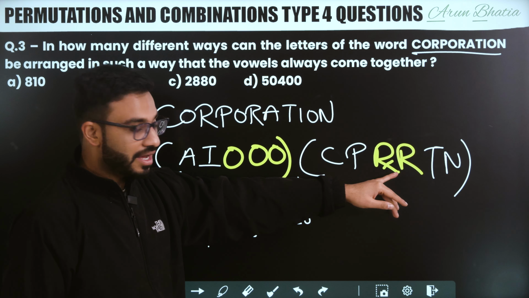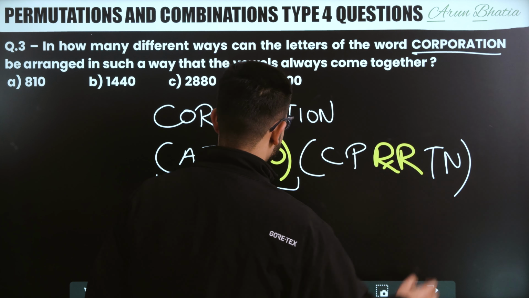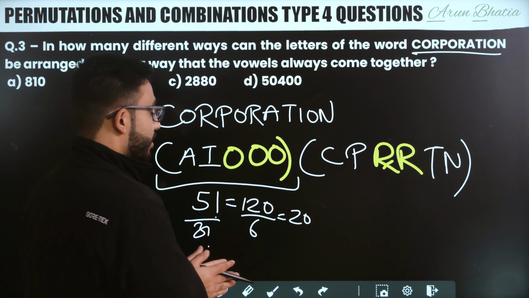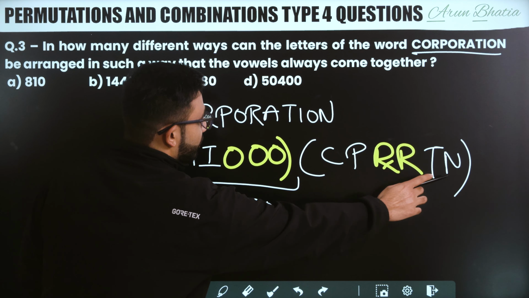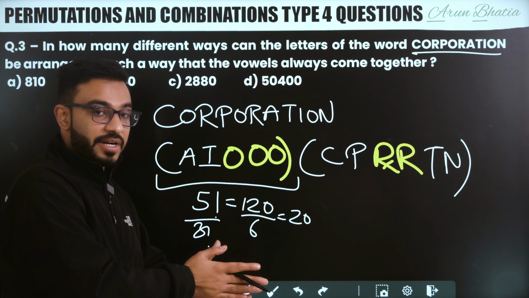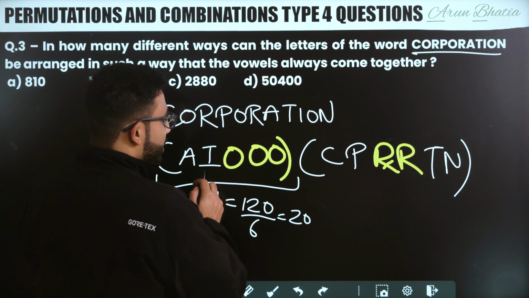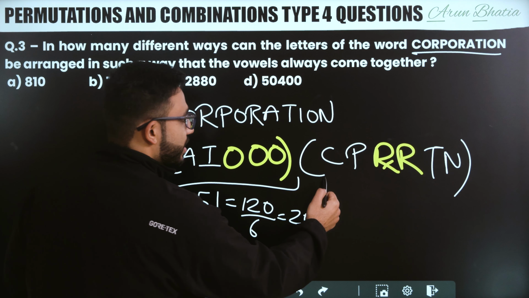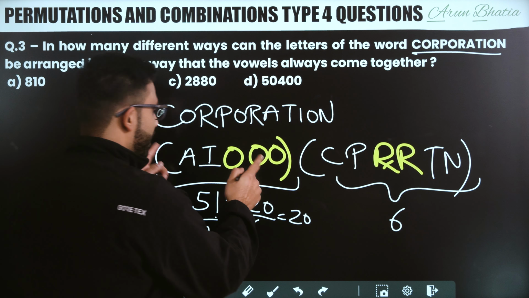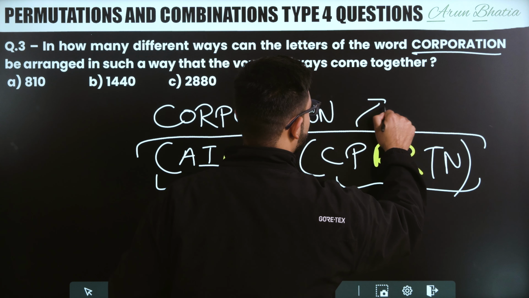And a similar thing you will do with R as well. So there are C, P, R, R, T, N. Now let me first do it the way that we have been recently doing, where we treat the vowel block as one block. Since there are 6 of these letters and one vowel block, this whole thing becomes 7 factorial.